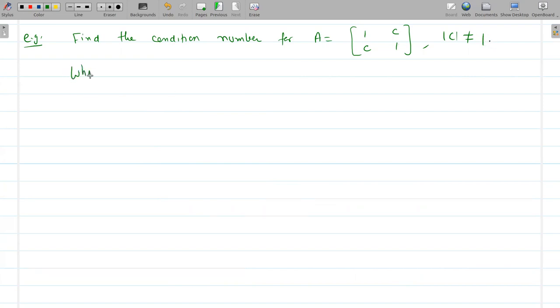Also, when does matrix A become ill conditioned?